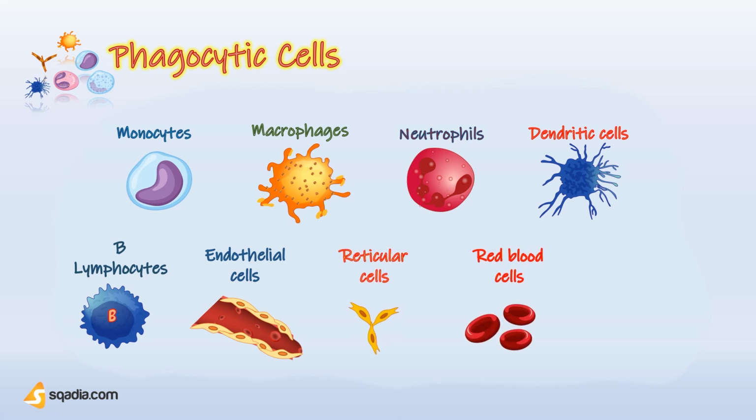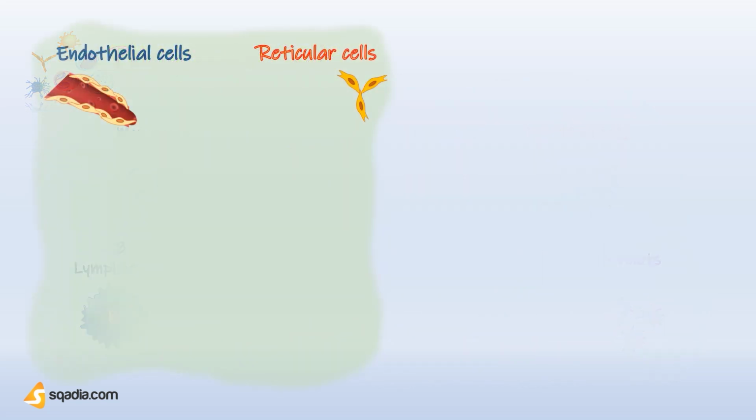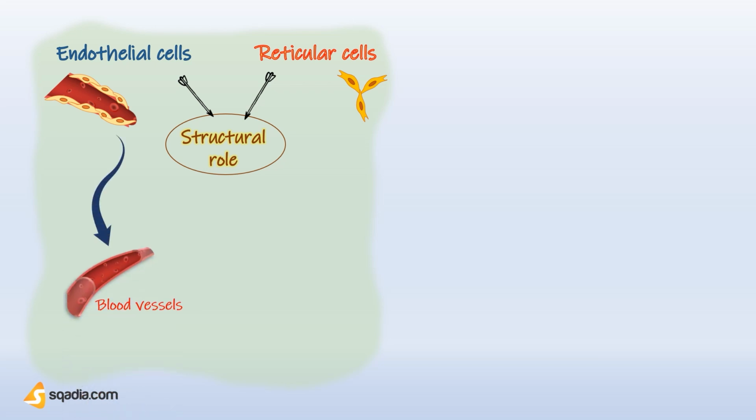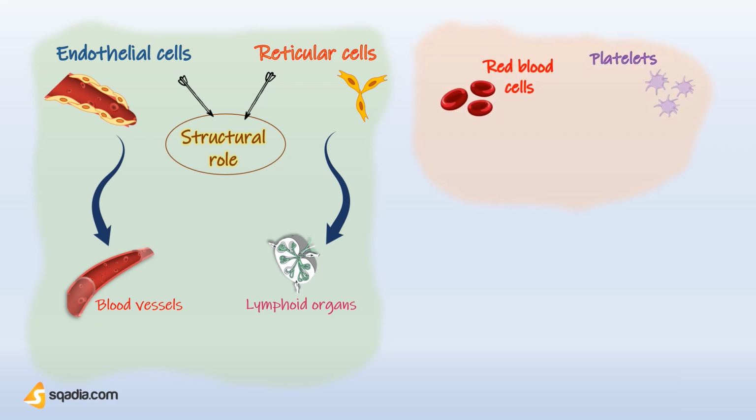RBC, and platelets. Here, endothelial and reticular cells mainly have a structural role, as endothelial cells support the structure of blood vessels, and reticular cells provide strength to lymphoid organs, but occasionally they can act as phagocytes. Similarly, red blood cells and platelets can also undergo phagocytosis at the time of need, but their actual role is not phagocytosis.